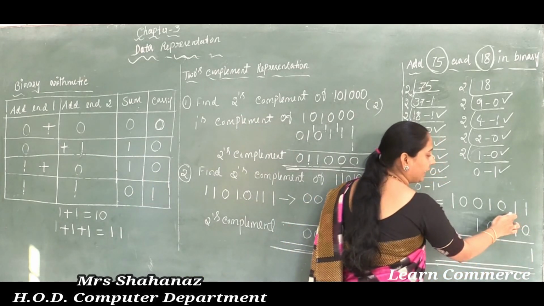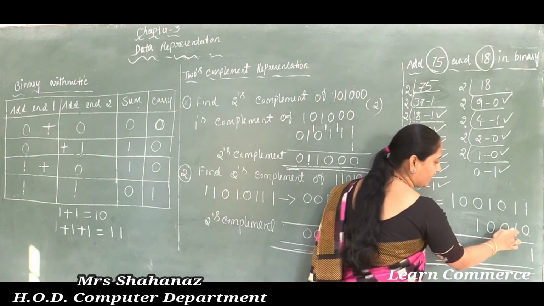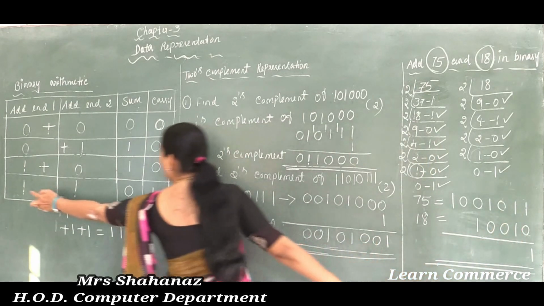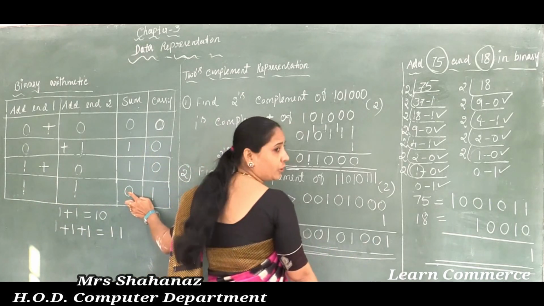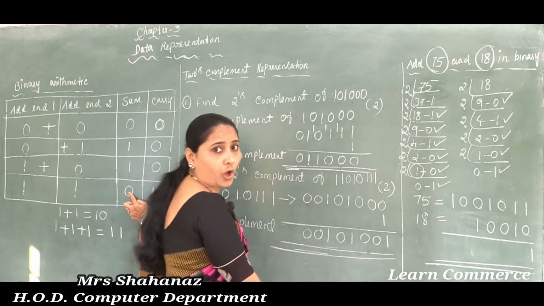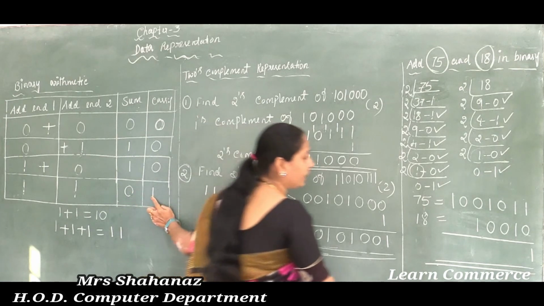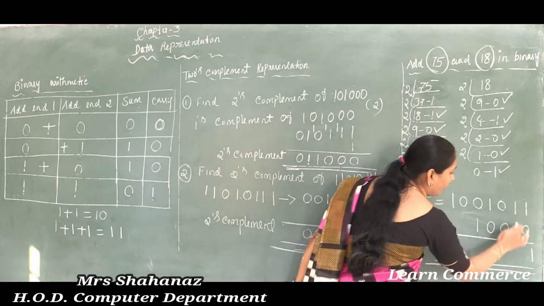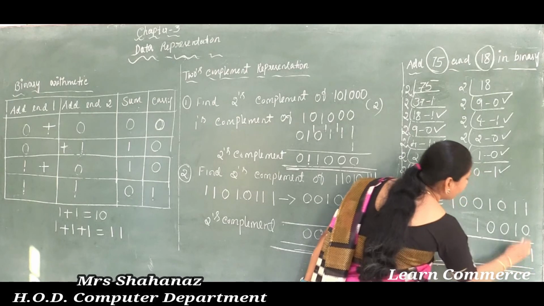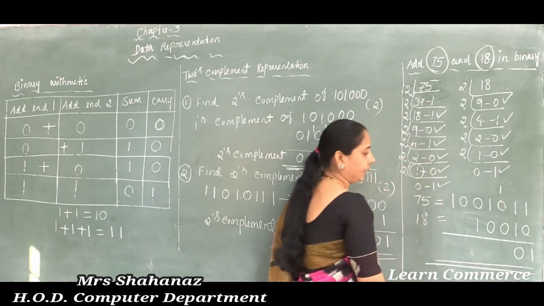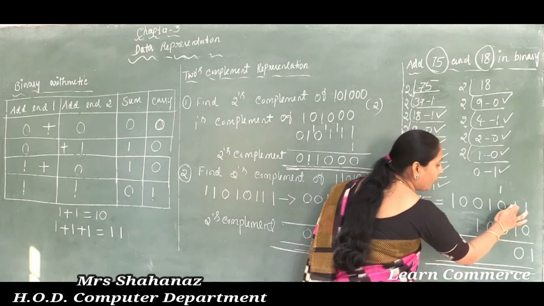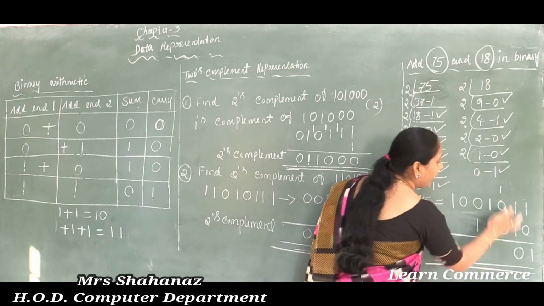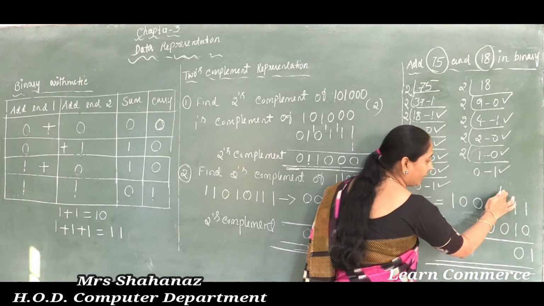But when you are adding 1 plus 1, as we know, the value is 10. So 0 comes in our column sum and 1 comes in the carry column. So 1 plus 1, the value is 10. So here 1 is the carry, and the carry we need to take to the next place. Correct? So now the carry 1 is left here.